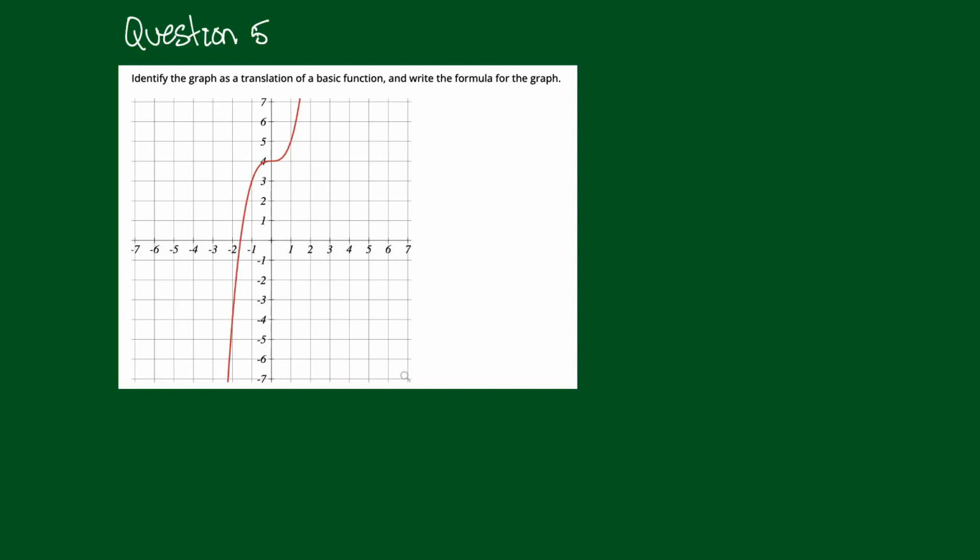In question 5, we're given a graph in red and asked to write the equation. So what we're going to try to do here is write something like this. Y equals, what do we put over here? Well, I know only one curve that kind of has that shape, and that's y equals x cubed.